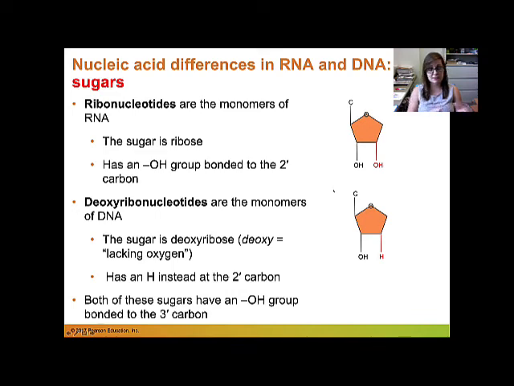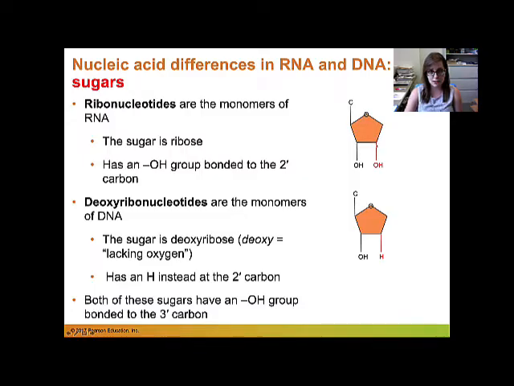So there are some differences between RNA and DNA, these nucleotides that make up nucleic acids. One of the differences is in the sugar. Ribonucleic acids, the monomers that make up RNA, have a ribose sugar. And that ribose sugar has a hydroxyl group at the 2' carbon. So right here, 1, 2, 3, 4, 5.